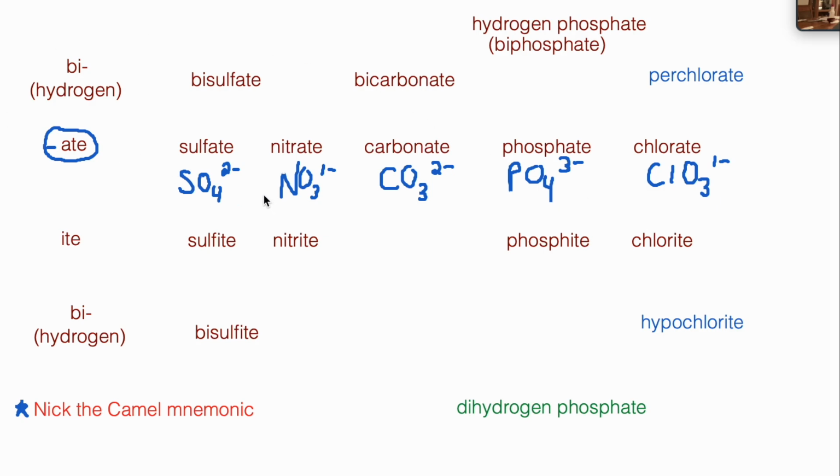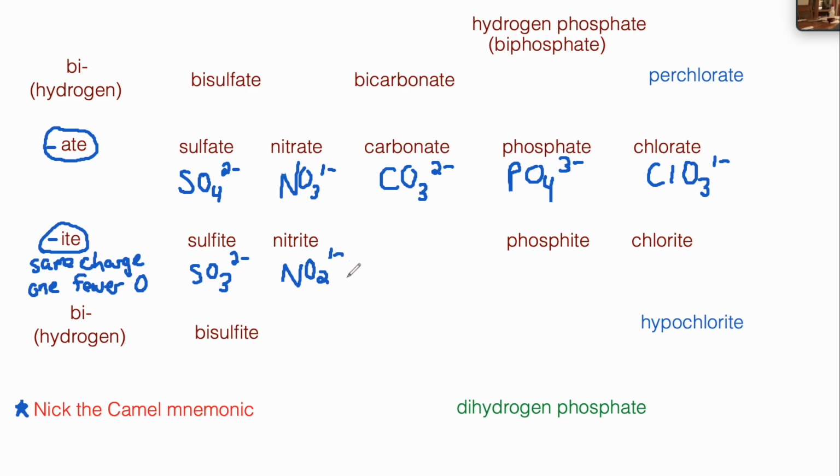So once you know how to do these 5 ions, the ite ions have the same charge, but they have 1 fewer oxygen. So to get from sulfate to sulfite, you just change the number of oxygen, but not the charge. So it would be SO3 with a -2 charge. Nitrite, the same way, we would take away one of the oxygens, making this NO2, and we would keep the charge the same.